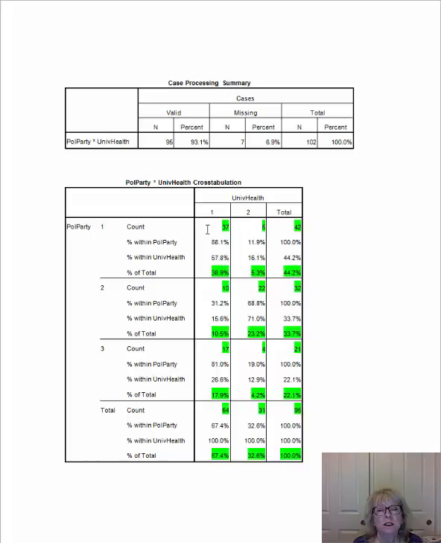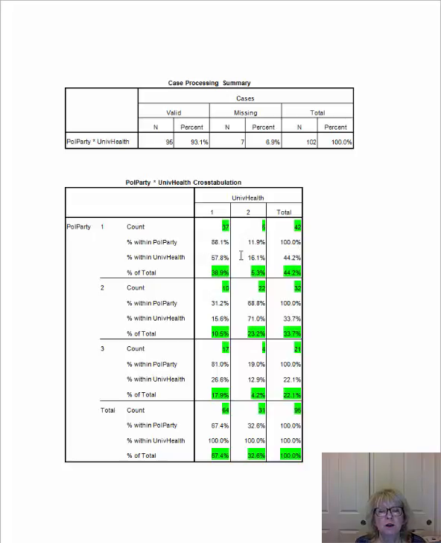In each one of these cells, the first number is the frequency, in this case the frequencies of Democrats who favor universal health care. And then the row is the percentage of people within that row. So of Democrats, 88% favor universal health care and about 12% do not. And the total there is 100%.